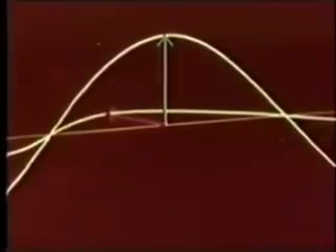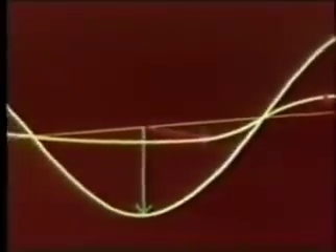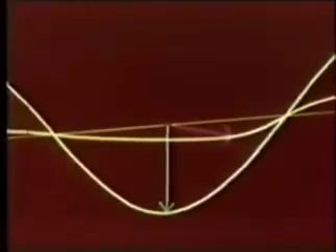Vectorially, these lines represent the peaks of the radiating waves. Notice that their direction reverses at the next half cycle. Since the peaks of these two waves occur simultaneously, they are in time phase.